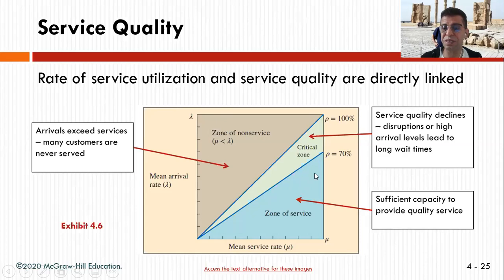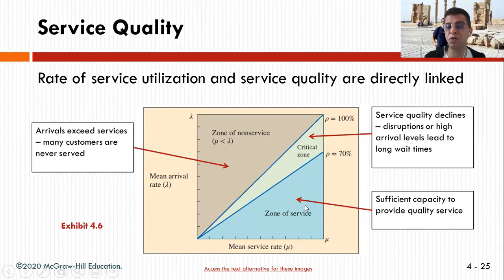If you go more than 70% of operation, and in certain operations, probably in the hospital, it is lower than 70% of the doctors' and nurses' time, and due to more people coming in or your service being more complicated, then you get into the critical zone, where more people are coming in and fewer going out because your service is taking longer. And when it reaches 100%, then there is no service.